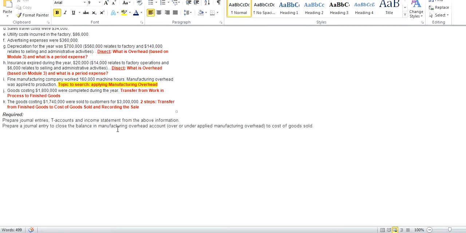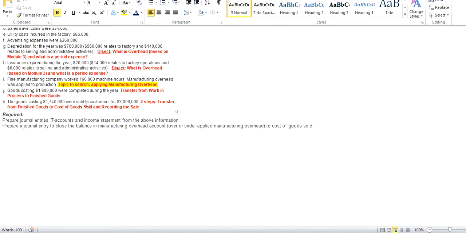And then lastly, the goods costing 1.74 million were sold to customers for $3 million. So there's two things that are happening here. The first is we need to transfer this cost from finished goods to our cost of goods sold. So we're going to debit cost of goods sold, and we're going to credit finished goods inventory because we no longer have this 1.74 in inventory.